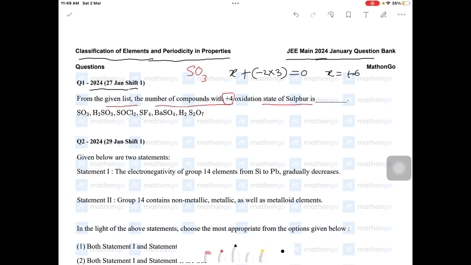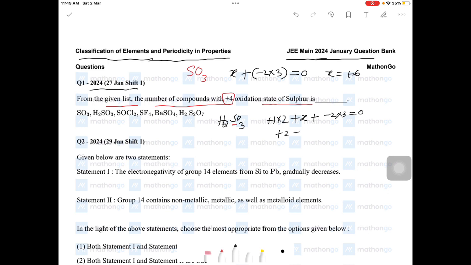Next, H2SO3, oxidation number of sulfur. First take hydrogen oxidation number +1, 2 hydrogen into 1, plus sulfur is X, plus oxygen -2 into 3, that is equal to 0.